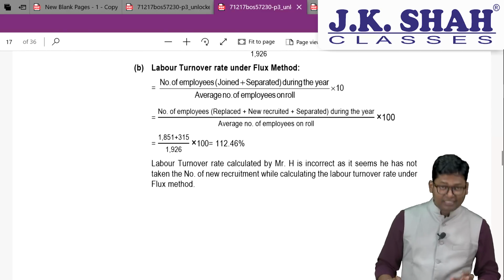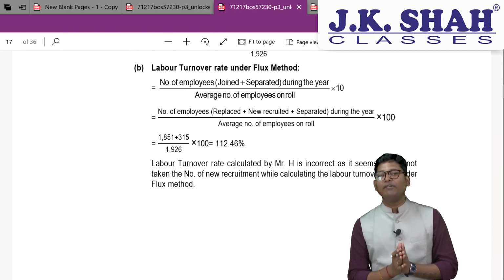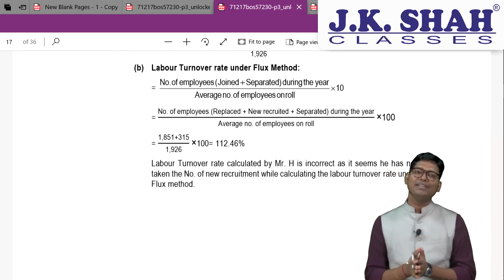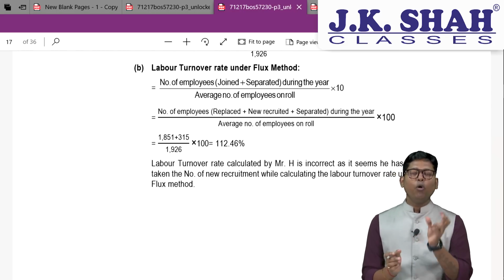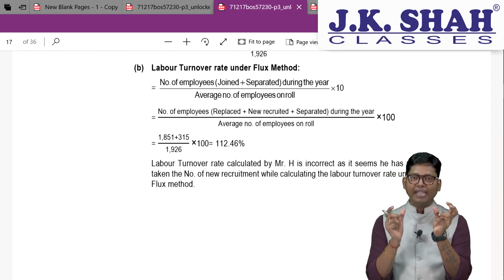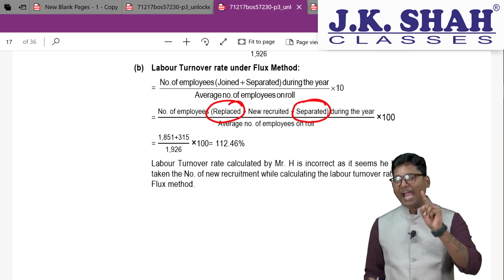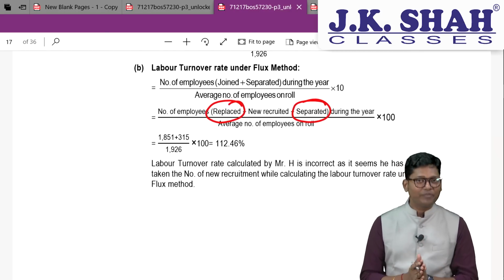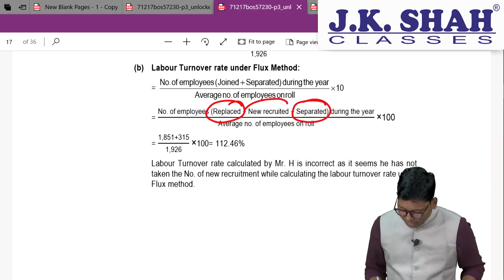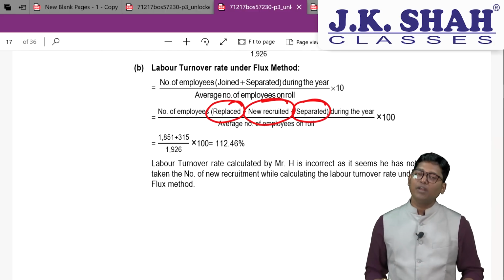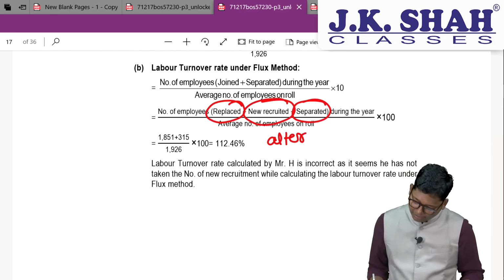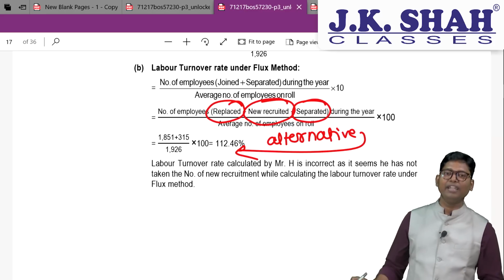Now, there is one alternative treatment which I would like to explain along with this illustration. If you consider only replacements and separation, in that case your answer will tally, correct? But if you consider new recruitments also for your calculation, then alternatively you are going to get an answer of 112.46.